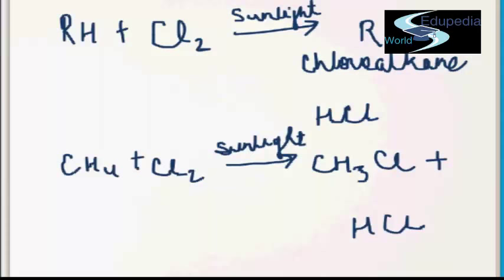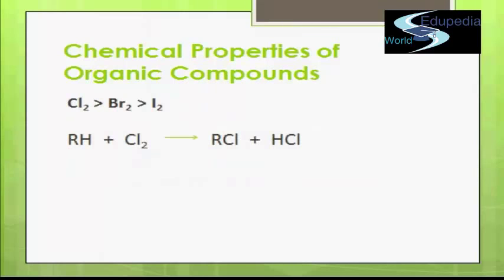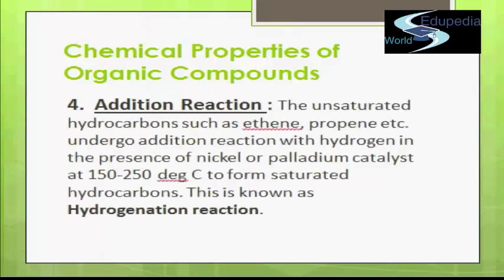Now let us discuss another chemical property of organic compounds, that is addition reaction. The unsaturated hydrocarbons such as ethene and propene undergo addition reaction with hydrogen in the presence of nickel or palladium catalyst at 150 to 250 degrees Celsius to form saturated hydrocarbons.